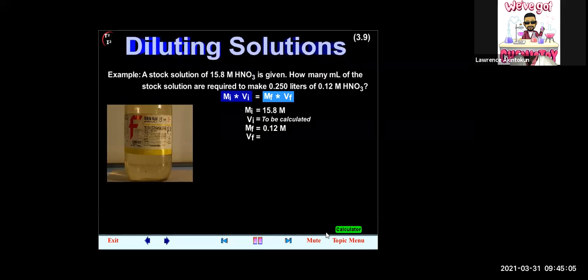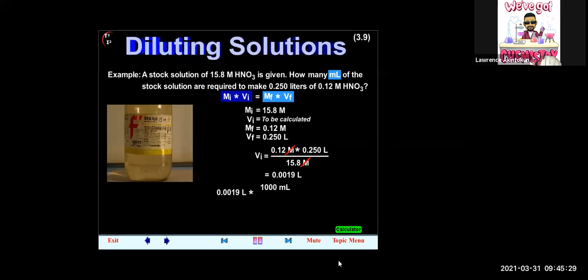Vf equals 0.250 liters. Vi equals 0.0019 liters. 0.0019 liters times 1,000 milliliters divided by 1 liter equals 1.9 milliliters.